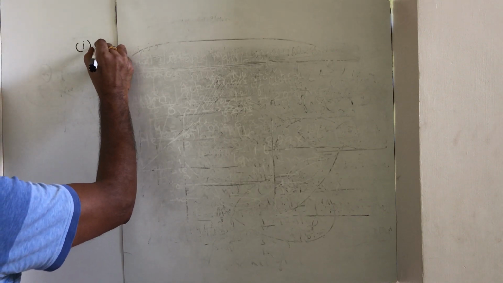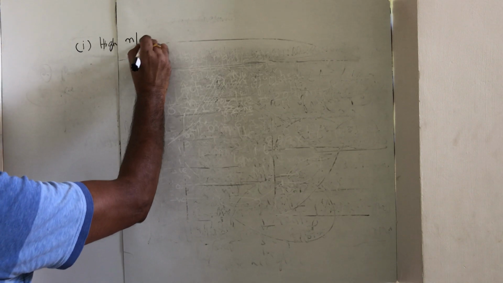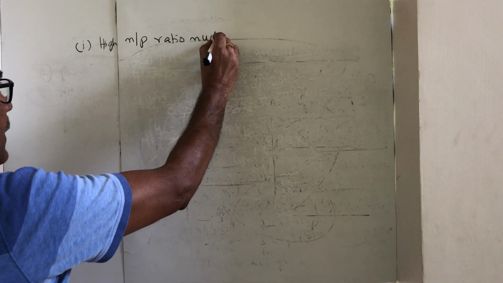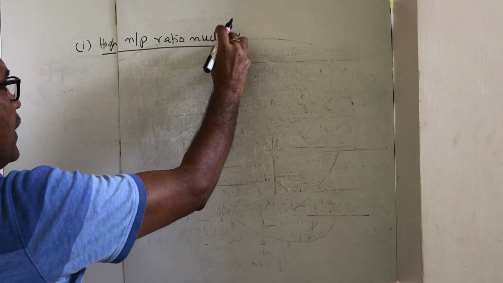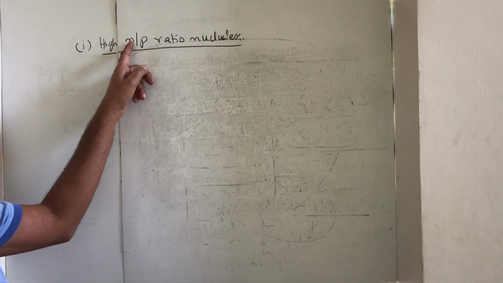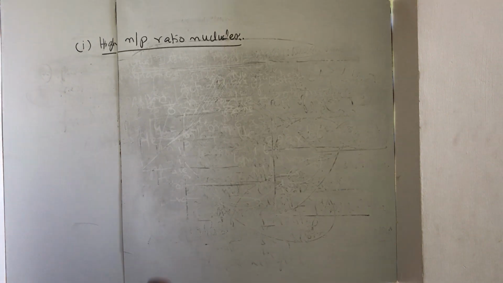One, high N by P ratio nucleus. In a high N by P ratio nucleus, the neutron number must be decreased and the proton number must be increased, or both simultaneously.